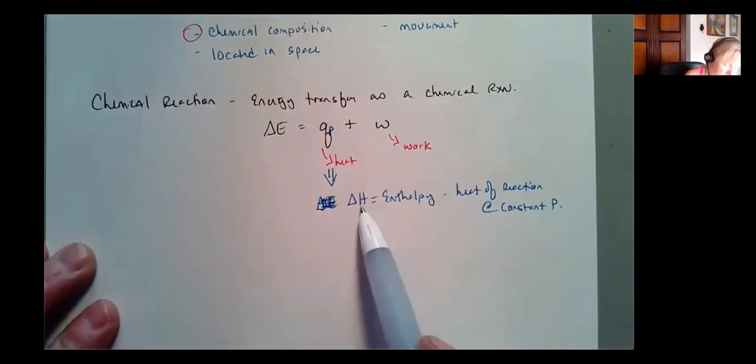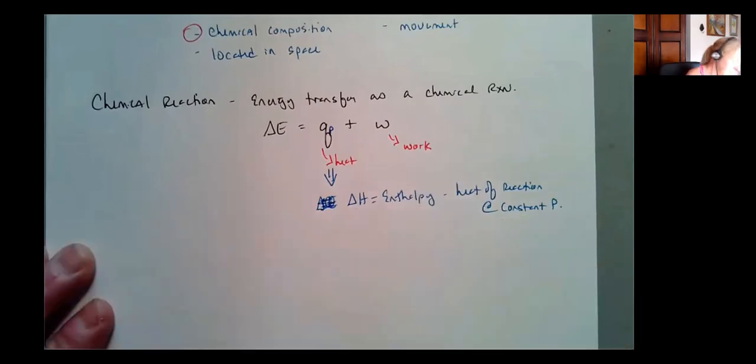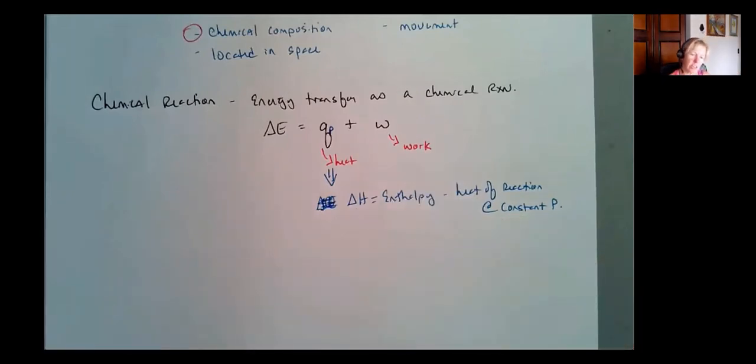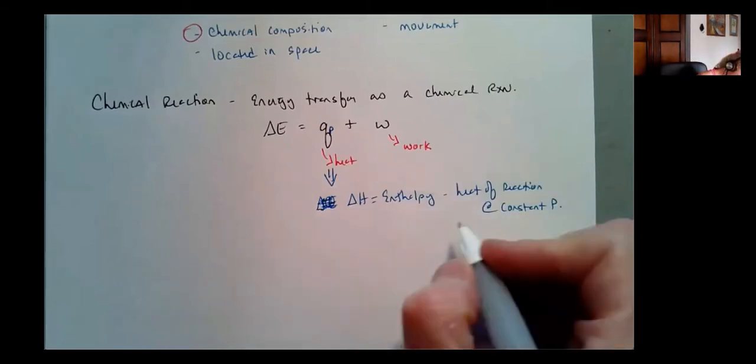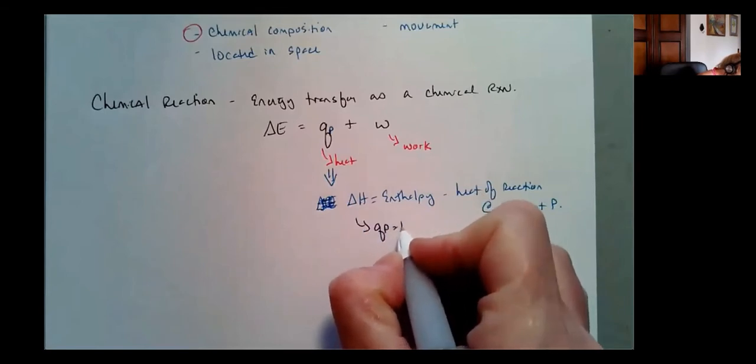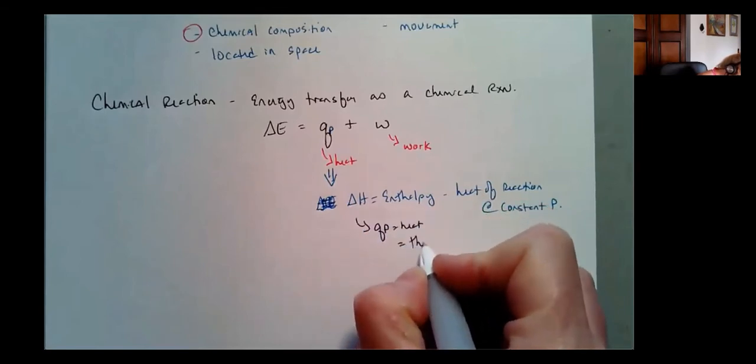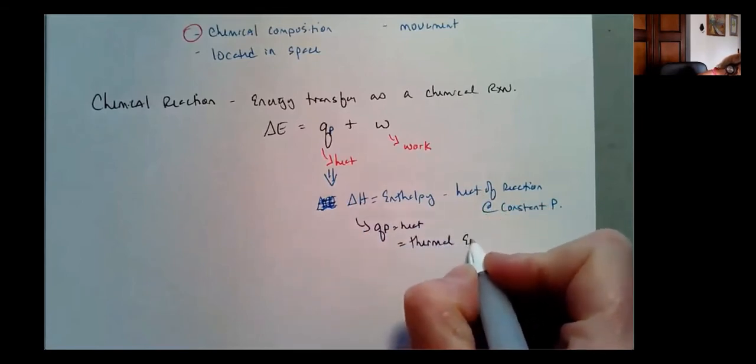If I look at delta H of the reaction, we said that the sign of delta H can tell you which direction that energy is going. Is the energy being absorbed into the chemical reaction, or is the reaction releasing energy? Here we're thinking about heat, Q_P, so we're looking at really thermal energy.